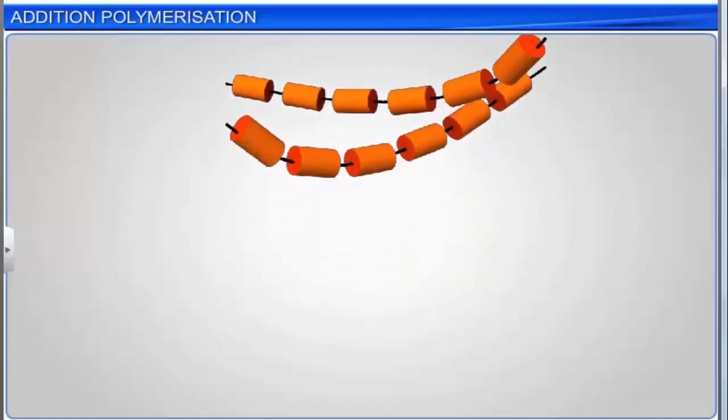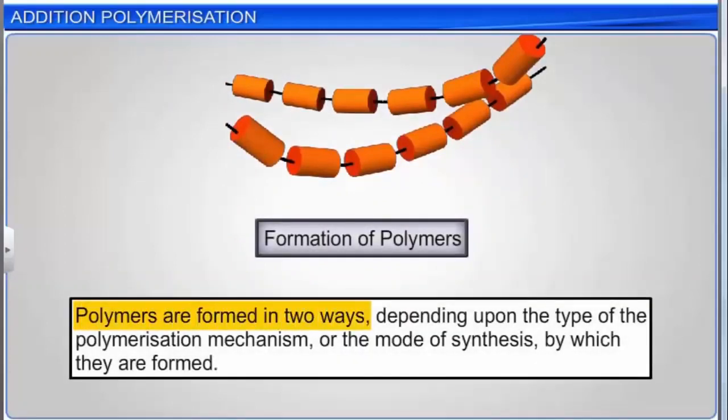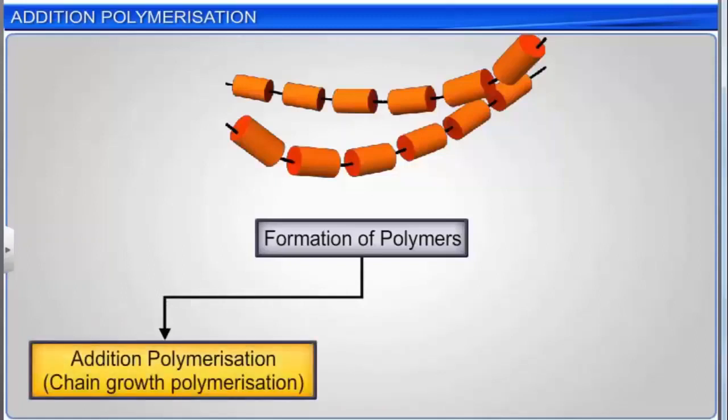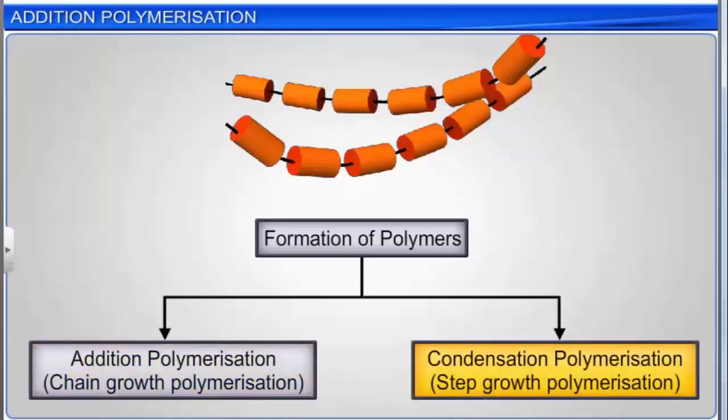In general, polymers are formed in two ways, depending upon the type of polymerization mechanism or the mode of synthesis by which they are formed. These are addition polymerization or chain growth polymerization, and condensation polymerization or step growth polymerization.